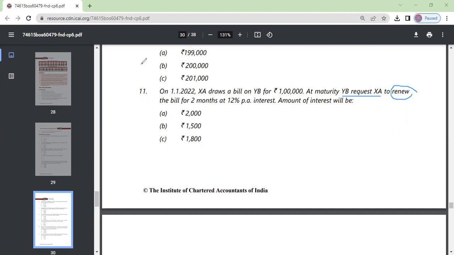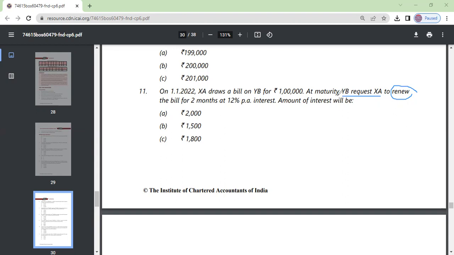That interest is gain to drawer, loss to drawee. Very important question. In case of renewal of the bill, who requests? Drawee requests. So interest charged by drawer, that interest is loss or gain to drawer? Gain to drawer, loss to drawee.